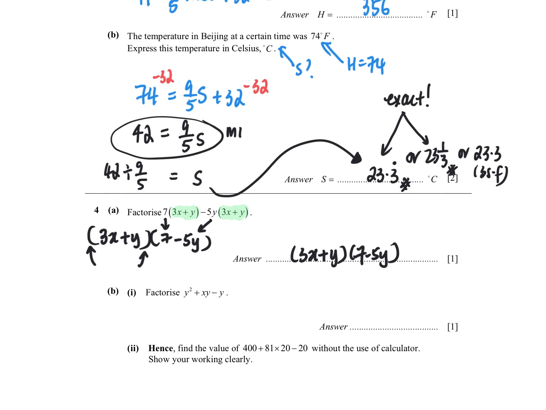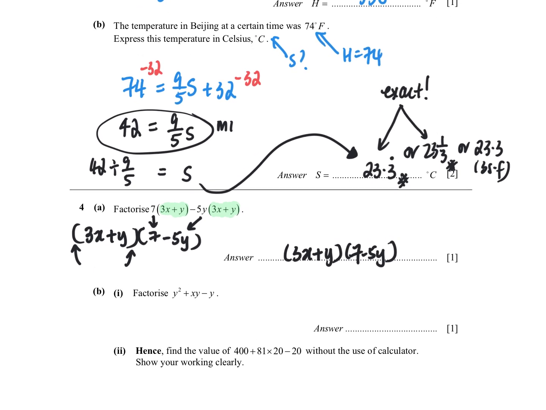Okay, this one is the only slightly tougher question in the paper because some of you may not know that y is y square. A y square is y times y. Okay, as long as you know this, then you can take out the y as a common factor.